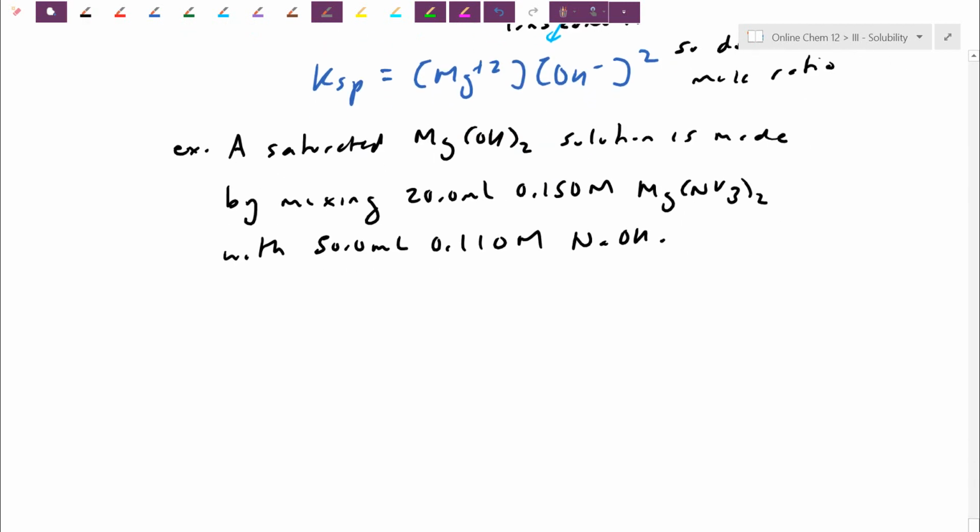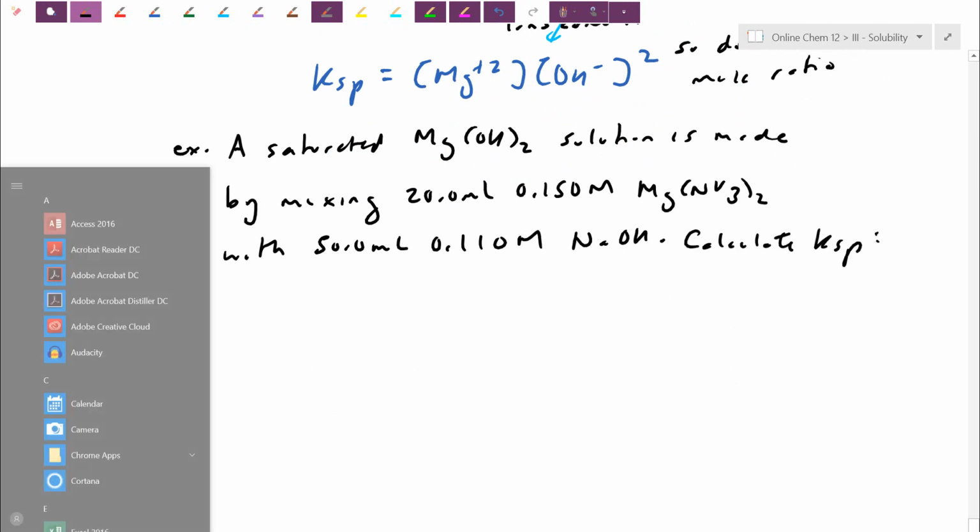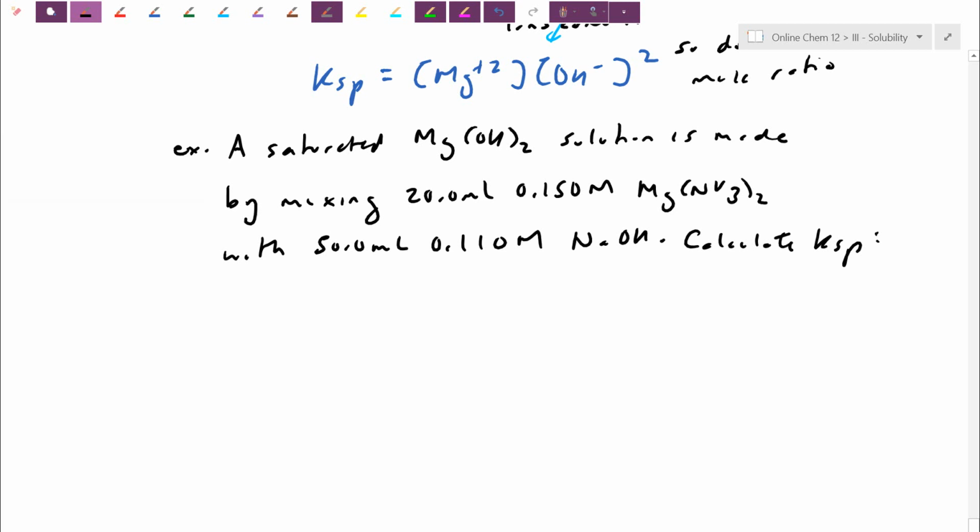Okay, I want you to find for me, calculate the Ksp. Calculate the numerical value. What is the equilibrium constant at this particular temperature?